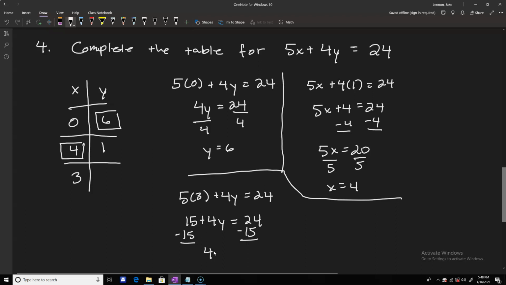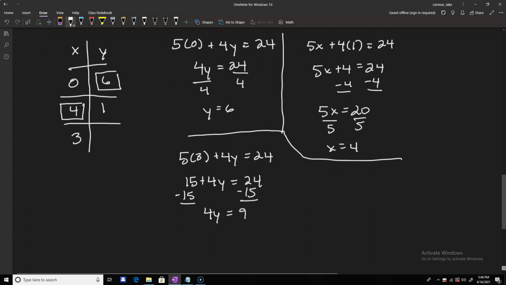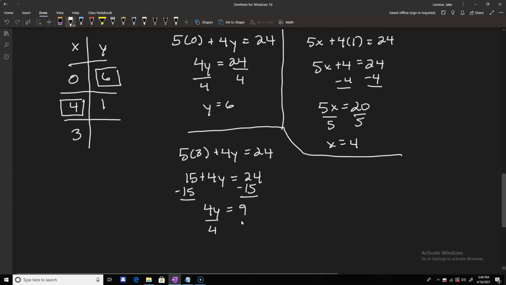So we have 4y is equal to 9. And then we divide by 4. And that's our answer, 9 over 4. So y is 9 over 4 in this case. And that's it.